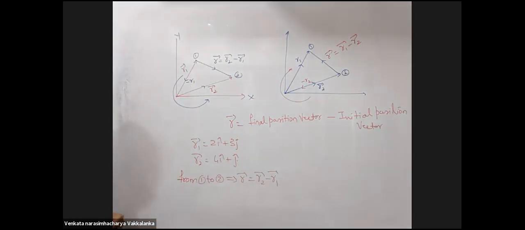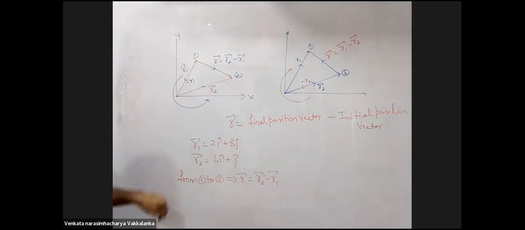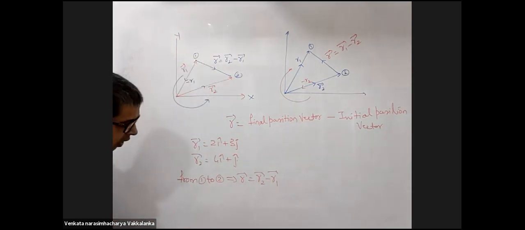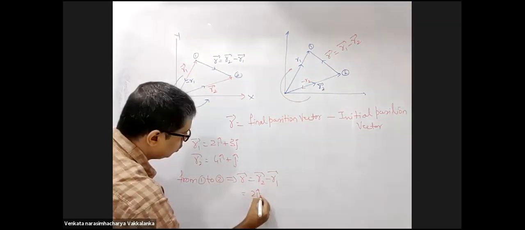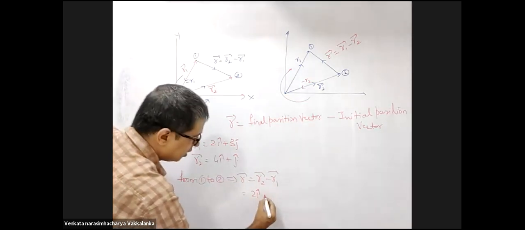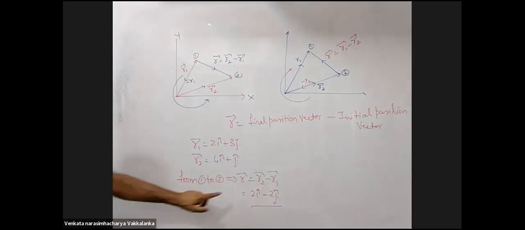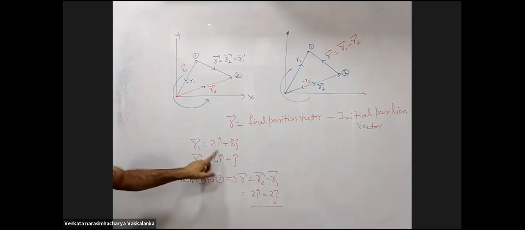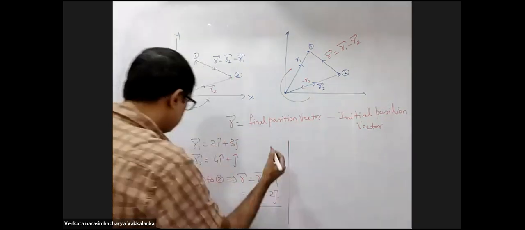Agreed? Yes, sir. Final minus initial. How do you do R2 minus R1? 4 minus 2, 2i cap. 1 minus 3, minus 2j cap.